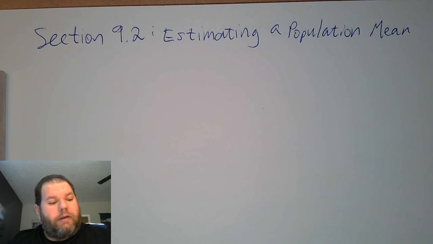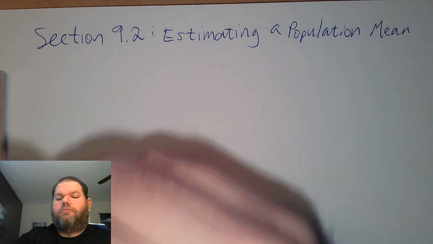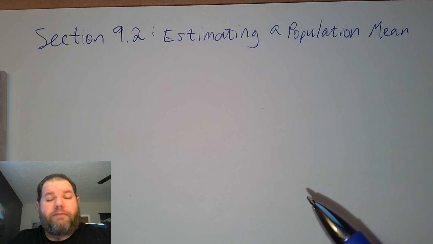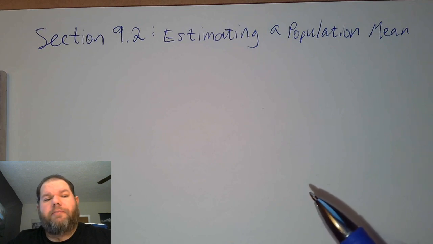All right. And so the idea here is that maybe we have a sample of data, and from this sample of data we have a sample mean x bar.